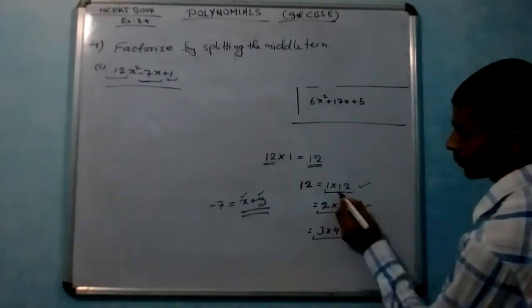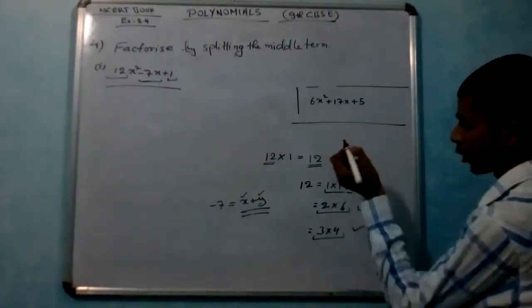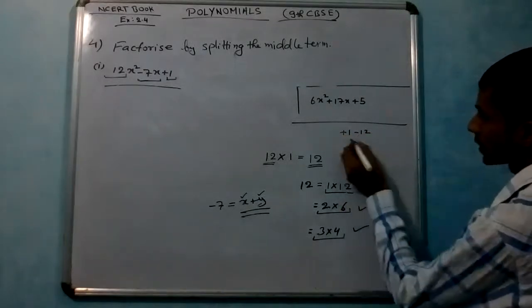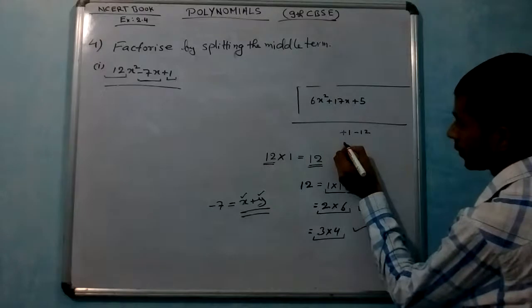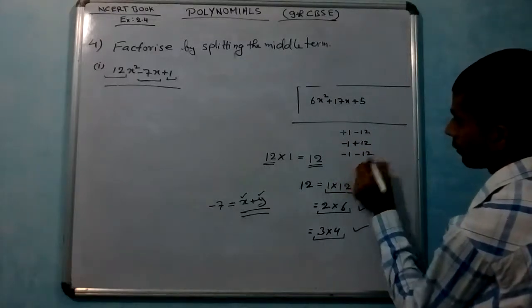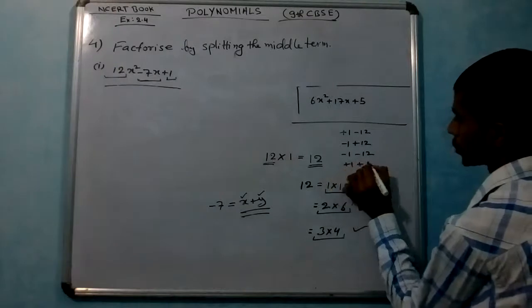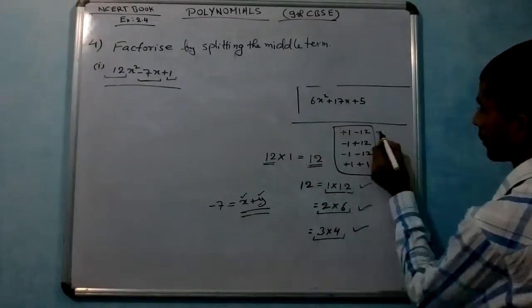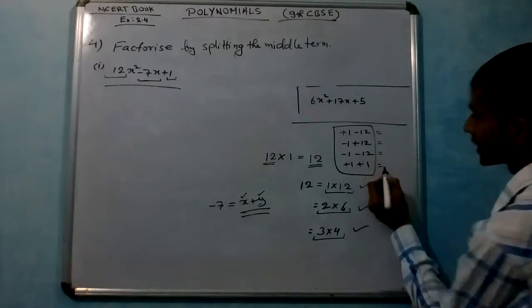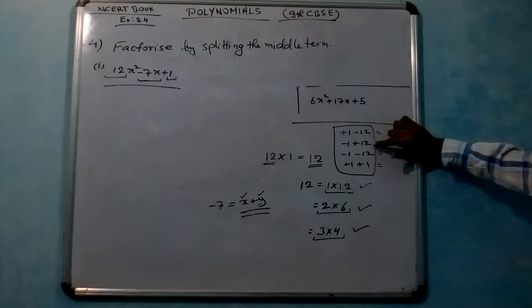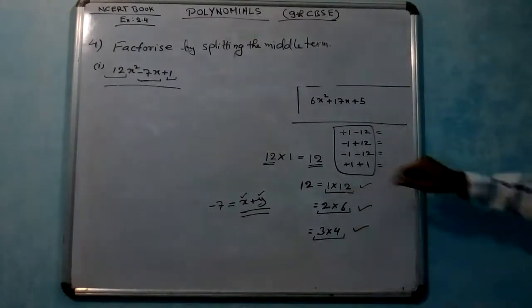Suppose 1 and 12 if you are taking. How many possible things are there? Plus 1, minus 12 if I change the sign. Then minus 1 plus 12. Minus 1 minus 12, plus 1 plus 12. These are the possible pairs we can form with different signs. So can we get minus 7 in any one of them? 1 and 12?